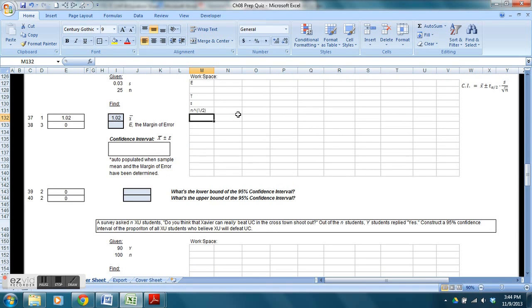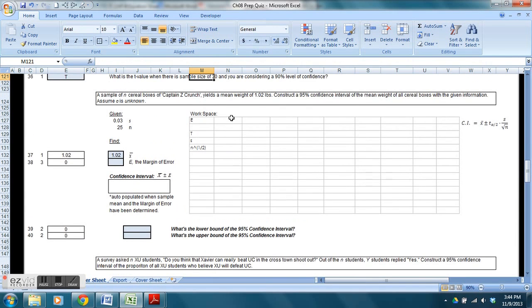So let's fill in what we know first, and then we'll work on the harder stuff. Our sample standard deviation is given to us as 0.03. N to the 1/2 power is the square root of n, which is given to us, and now we just have to determine what t is.